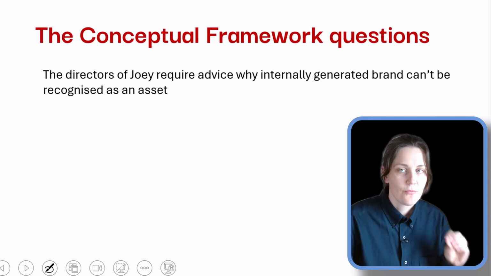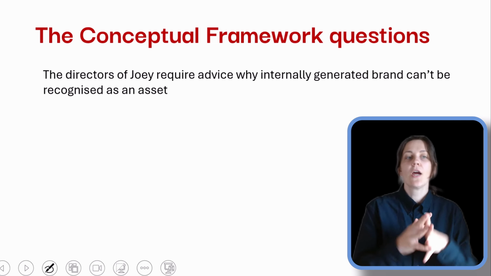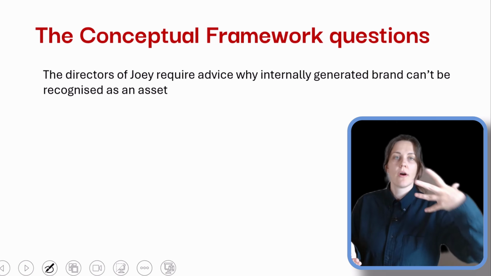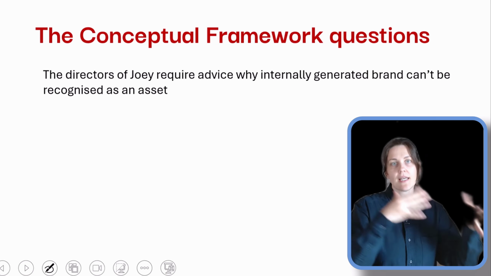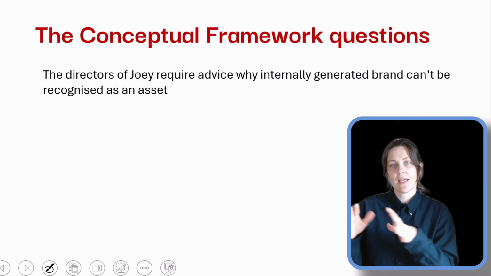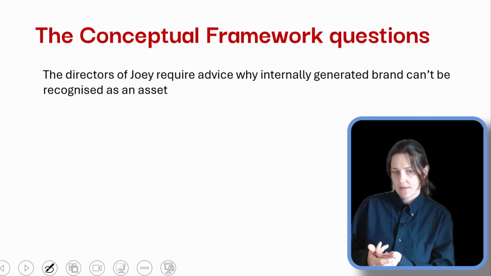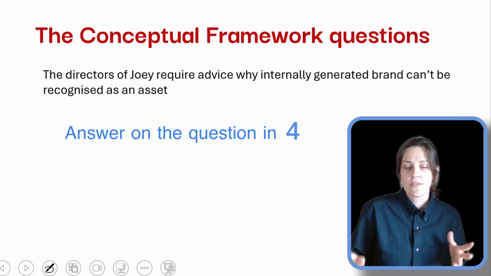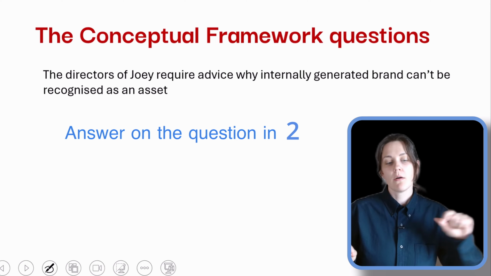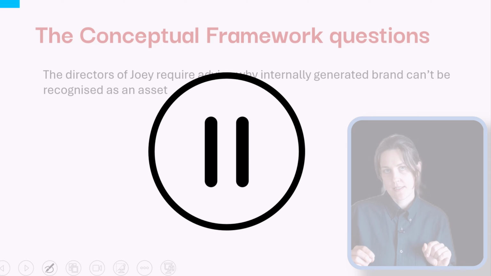The next very important part is the conceptual framework questions, which are aimed at the definitions of assets, liabilities, equity, income, and expenses, most likely assets. The directors of Jury require advice on why an internally generated brand can't be recognized as an asset.